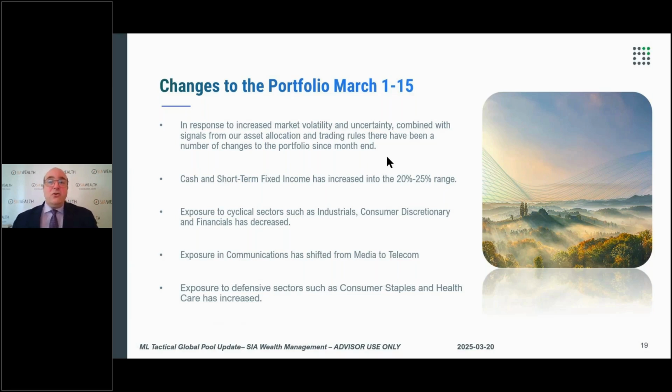We're also seeing that our exposure to defensive sectors, places where people go when they're looking for more mature, steady, lower beta, more value kind of companies, such as consumer staples and healthcare, has increased. The portfolio has rotated into that based on relative capital flows and our rules-based trading signals.